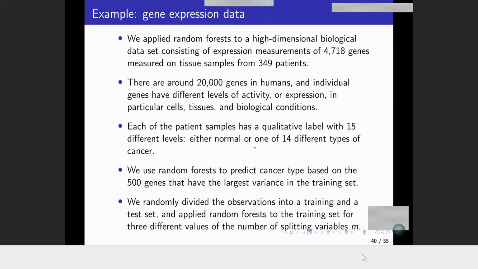We use the random forest to predict the cancer type based on 500 genes. These 500 genes have the largest variance in the training data. If a gene has the largest variance, then usually it can explain the data well and play the main role.